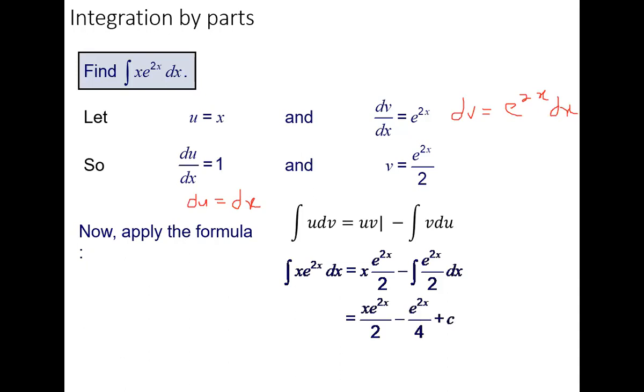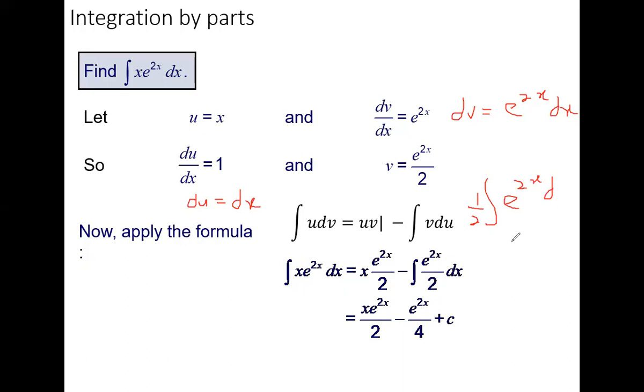Okay, good. And then when we integrate this e raised to the power 2x over 2, it looks like it's going to be 1 over 2 times the integral of e raised to the power 2x dx, meaning I bring the 1 over 2 out and integrate.